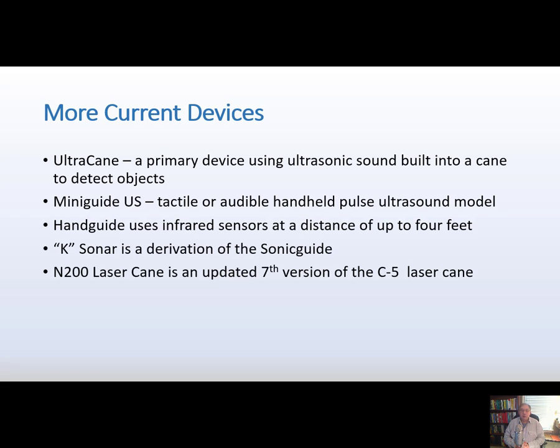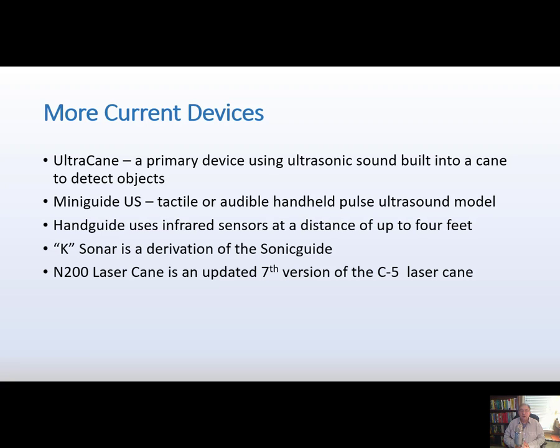Another device, and I'll be showing you some pictures of all of these. Another device is the Mini Guide, and there were different versions of it. And the one that I like the best is the Mini Guide US, made to specifications by APH. And it could provide tactile or audible information.